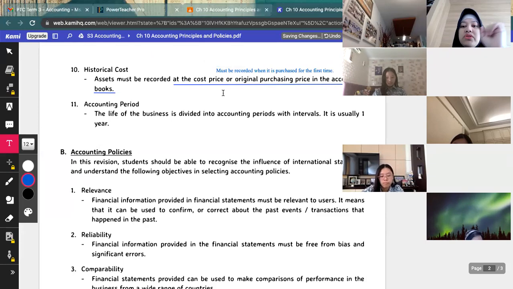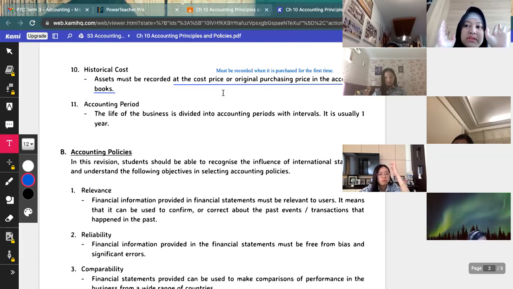Now, I want you to imagine your statement of financial position and make it for 3 years. Imagine in your head, we have a statement of financial position for 3 years: 2018, 2019, and 2020. Have you imagined that?